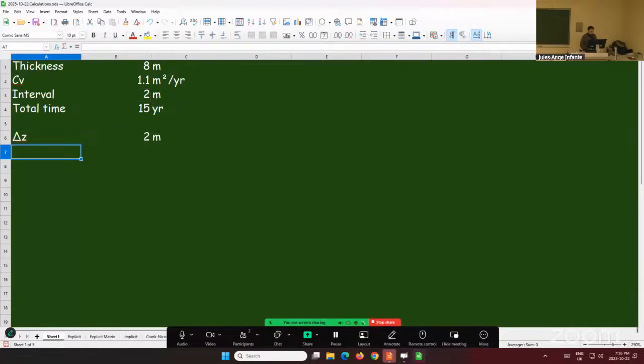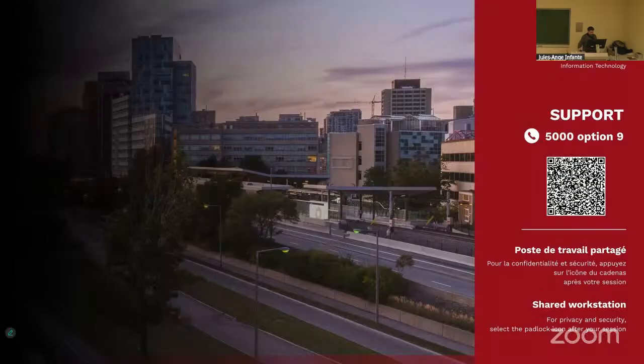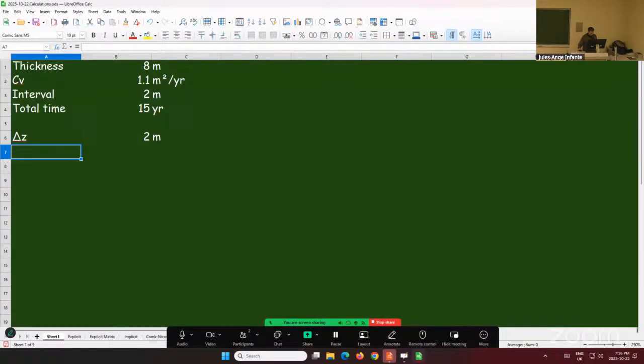And we have years, so we'll have to calculate, because that's meter square per year, the CV. We then need to find which value of delta T we need.